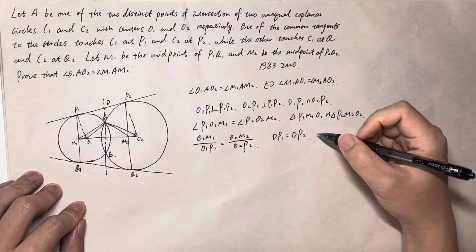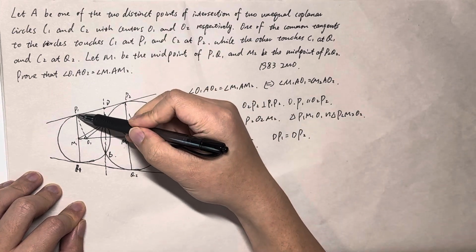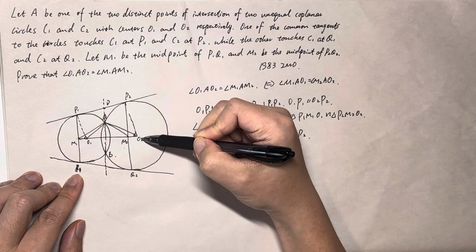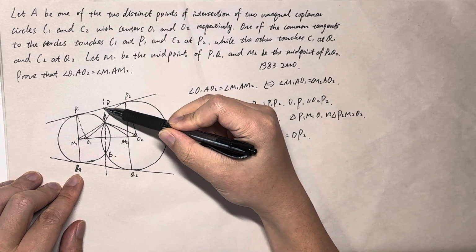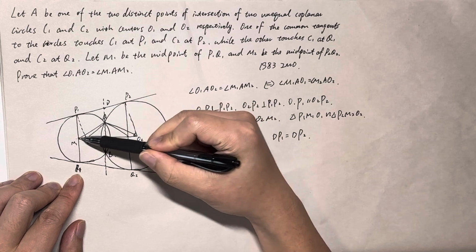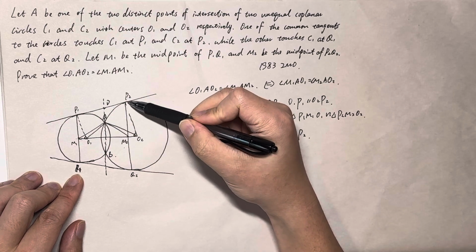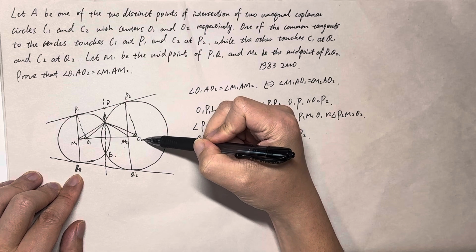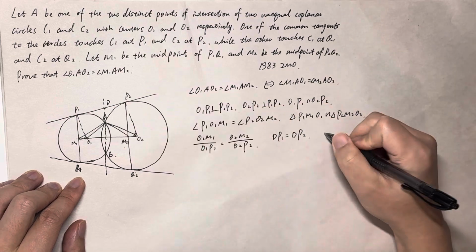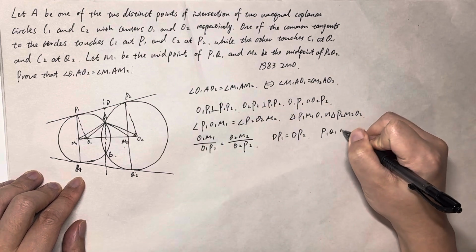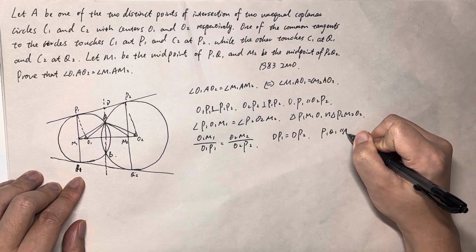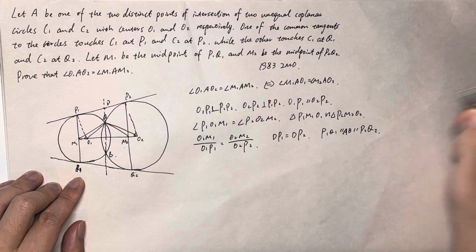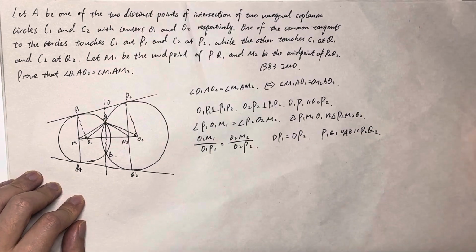Okay, so now we see P1Q1 is perpendicular to O1O2, and AB is perpendicular to O1O2. P2Q2 is perpendicular to O1O2. So P1Q1 is parallel to AB and also parallel to P2Q2.